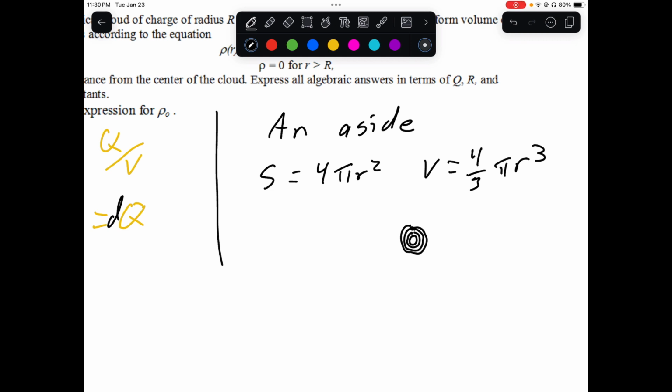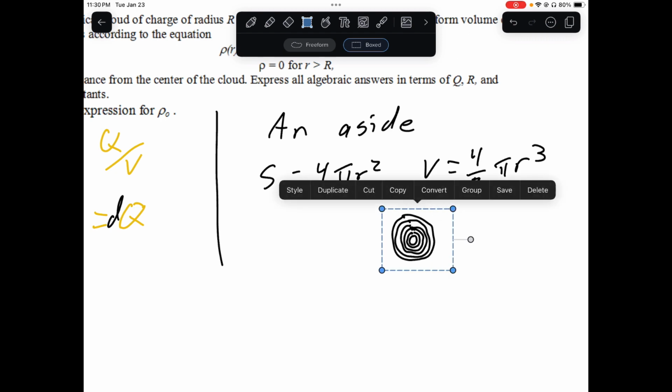As I built up each of these infinitesimal surface area pieces, layering them one on top of the other, I'd be gradually building up the volume. I think the onion analogy is a really good one here: the little layers of the onion are the surface area, added up to make the volume.